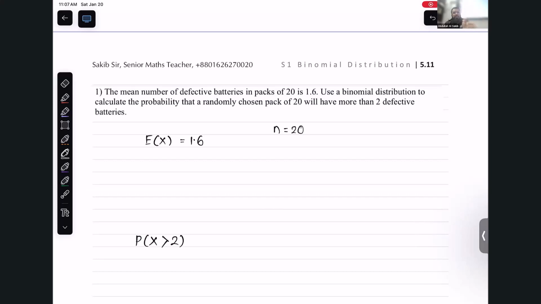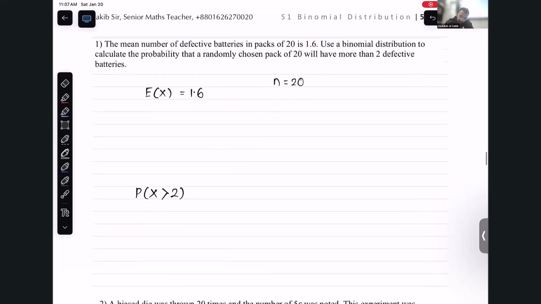That means X will be 3, 4, 5, 6, 7, 8, up to 20. So which ones are missing? 0, 1, 2.